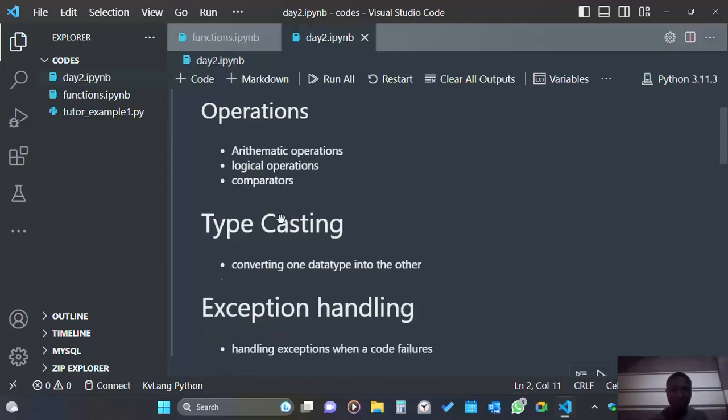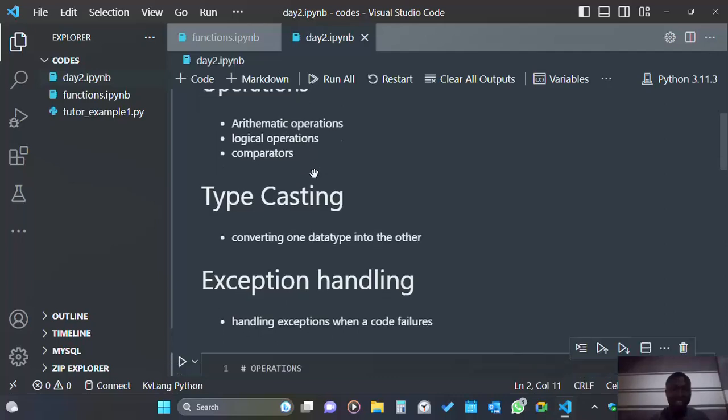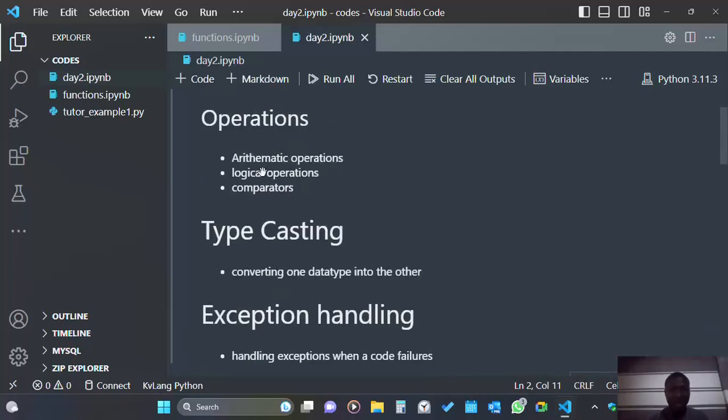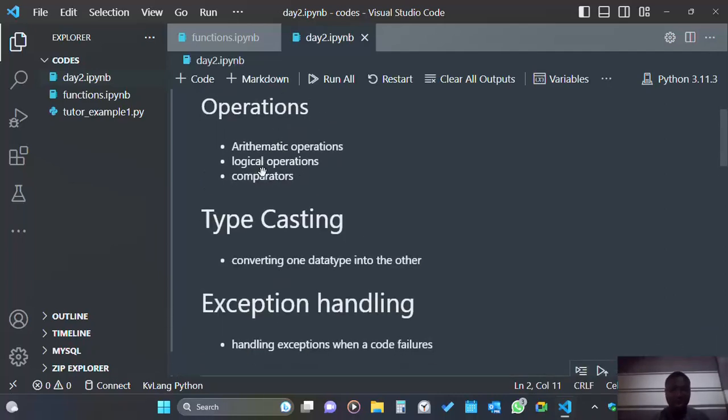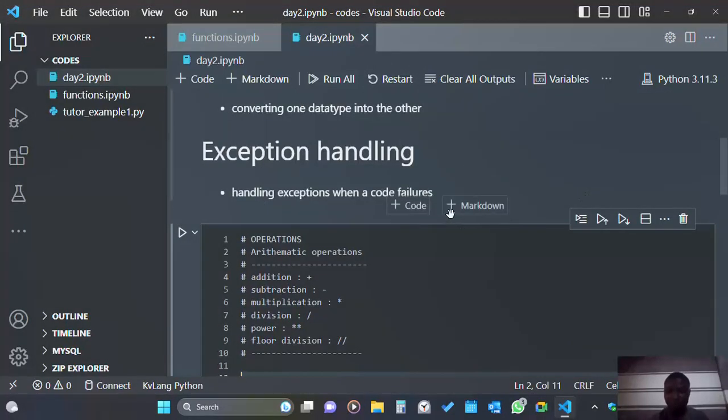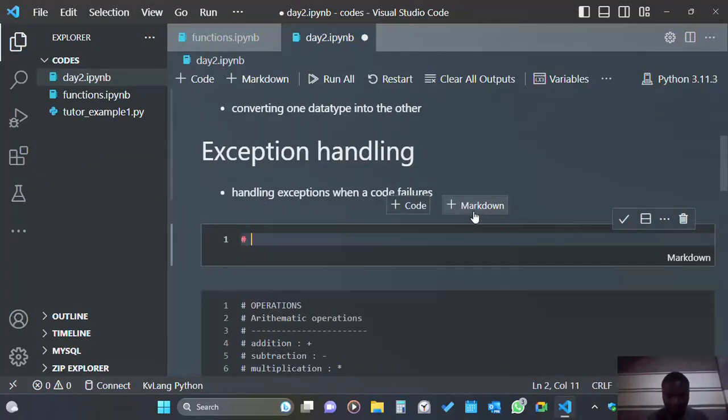So first and foremost, we are going to focus on operations, especially arithmetic operation, logical operations, and comparators. So I'm going to start with operations.